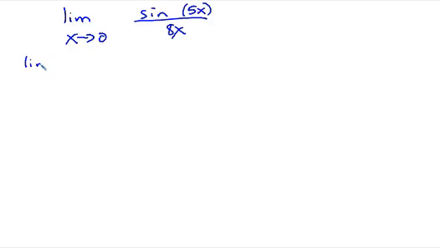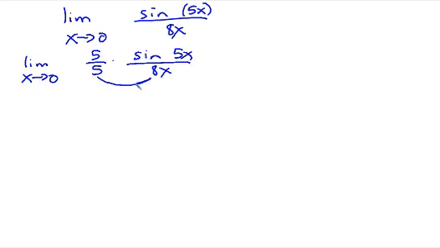Let's multiply this expression by 5 over 5, which is a form of 1, which is totally acceptable. If I do that, according to the commutative property, I can flip-flop these two numbers.